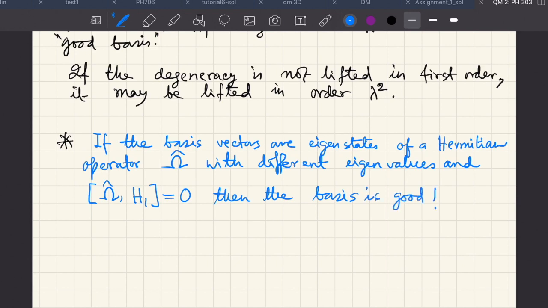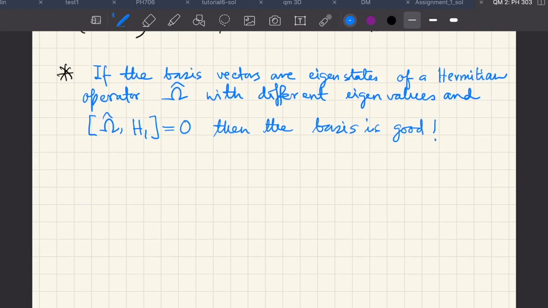Oh, that is something which is very surprising, isn't it? Because this will make your life easier, because sometimes we can assess without explicitly diagonalizing H1 in a basis whether the said basis is good or not. And that is the way to check.